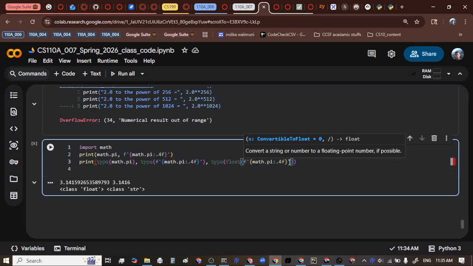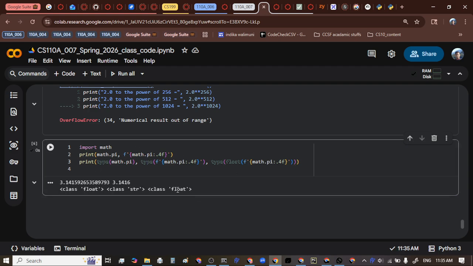Okay, so that's the float now. I put the whole thing back into float and then check the type. It's now float. So sometimes you may use a formatted string to round a value and then use it in a calculation. Now it doesn't work because it's a string, so you have to make sure it actually works.